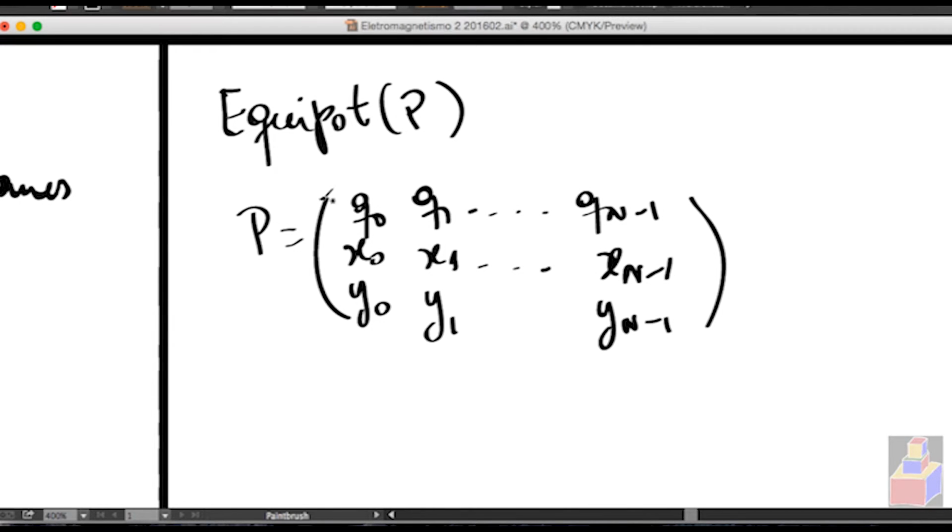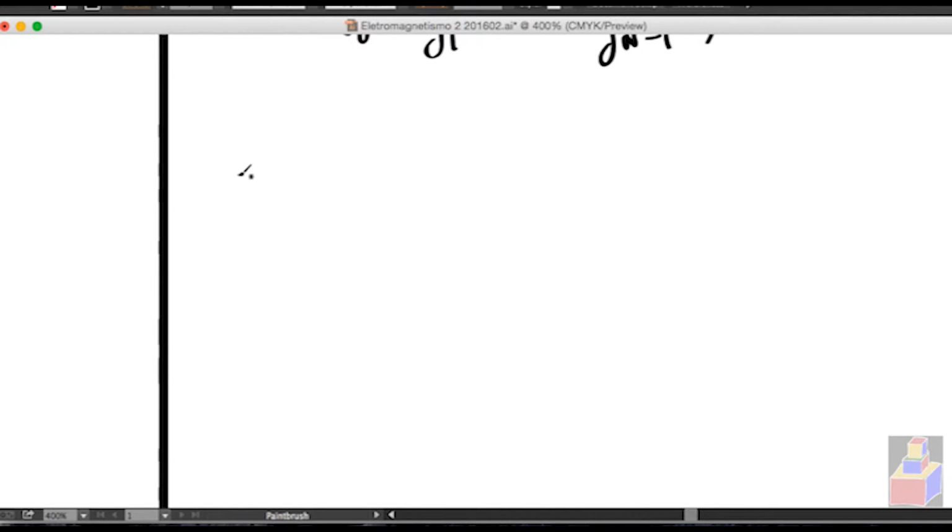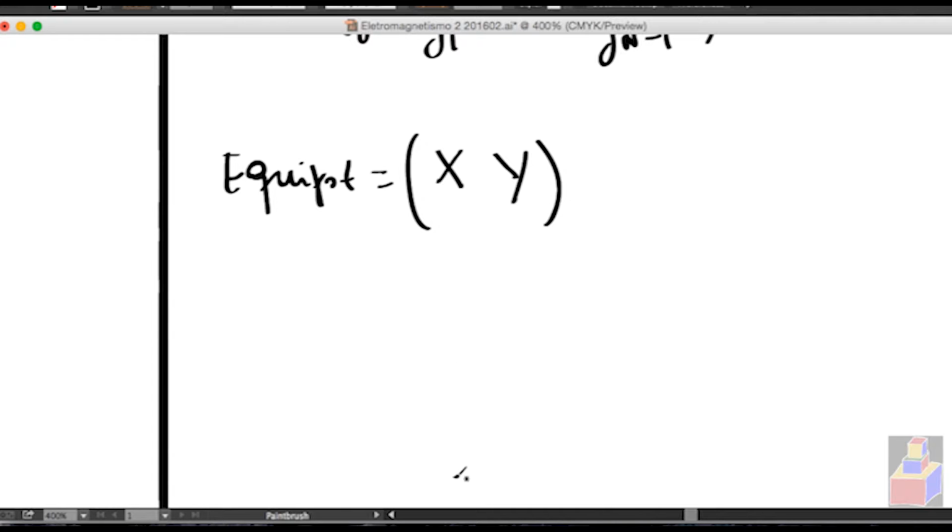So equipot is going to know this value, but this is going to be an input. It's going to calculate all the equipotentials associated with the charges and put them all together. In fact, equipot is something like this: a two-column matrix which has all the coordinates of the equipotentials, all the x coordinates and all the y coordinates, so you plot y versus x, point by point, not line, okay?